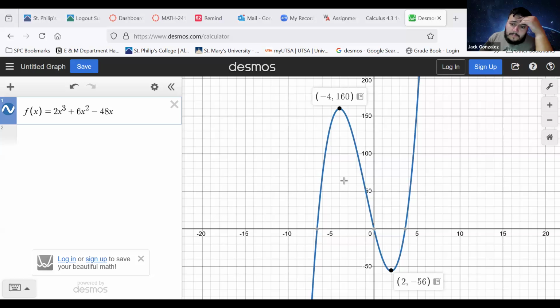So we have the critical number -4. We picked some random number before -4, and we found out that we're positive. So at -5, you get a positive slope, and we can assume everything before that will be increasing. Between -4 and 2, we chose 0 and got a negative slope.